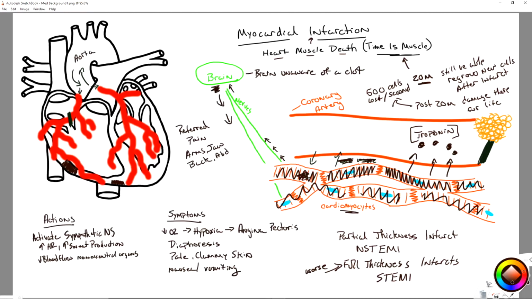That is why the fast recognition of a STEMI and treatments for the myocardial infarction are so key. Okay, because remember, you're losing 500 cells per second, and after 20 minutes, those are gone for life. They're not coming back. That infarct is there for life. Okay, and ultimately what might happen is these patients might develop new problems like CHF, okay, or heart failure.